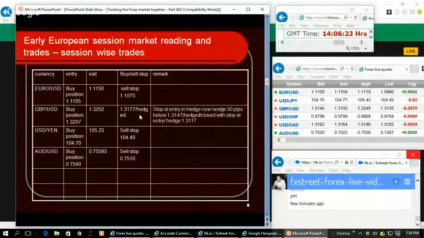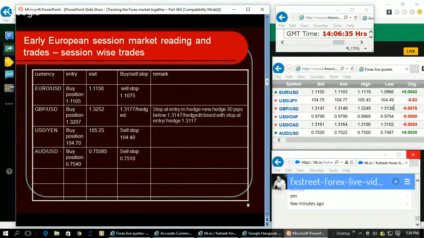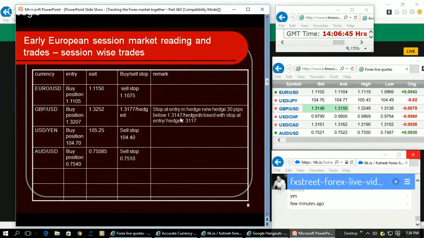Then I kept stop at entry in the hedge because the hedging was making profit and loss alternatively, so they were not going below the then low of 1.3160. So I kept stop at entry and closed the hedge position and kept another hedge at 1.3147.